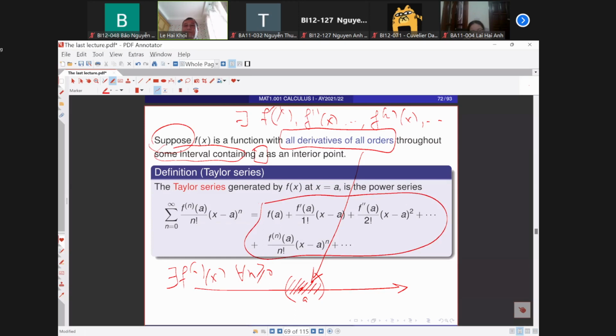You know f(a), f prime, f double prime, f^(n), every derivative you can have. This means if f has derivatives of every order in some interval around a, you can have a series which is a power series at a. And this series is called the Taylor series.